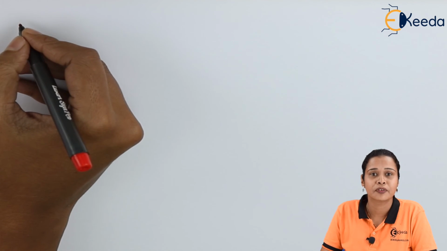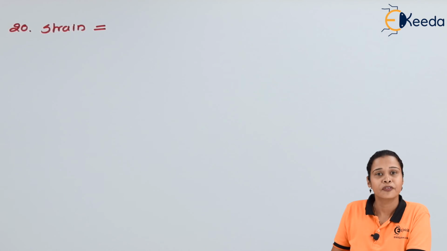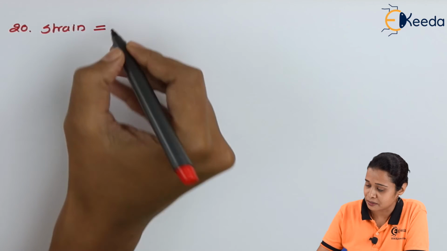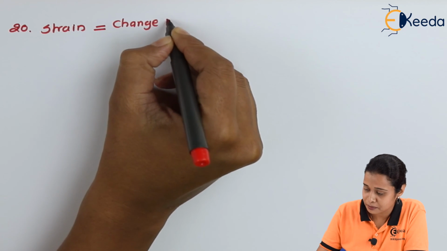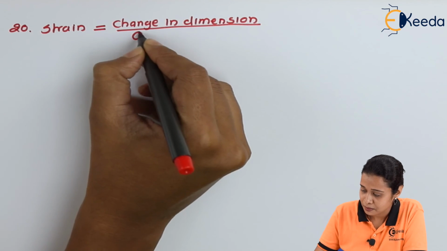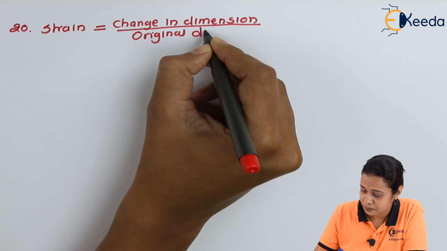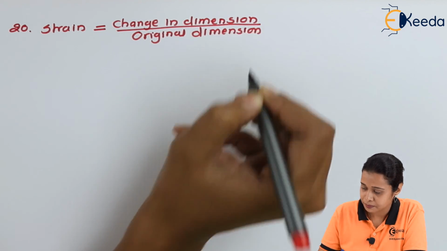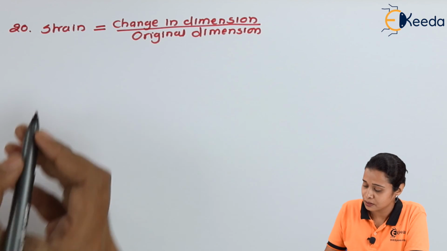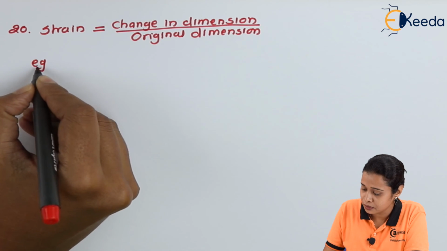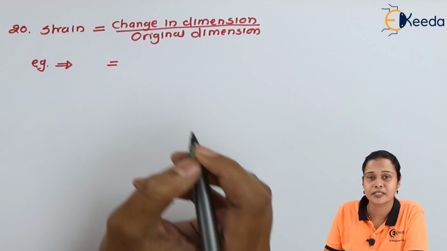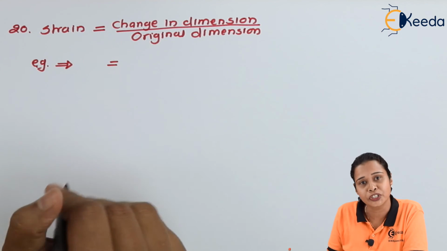Next physical quantity we will take, that is strain. We know strain is change in dimension upon original dimension. To explain strain, we can take the example of a length. So strain is here, we will consider change in length upon original length.